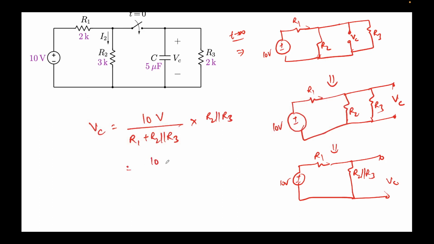So this will be 10 volts. Let's evaluate R2 parallel R3. So this will be 3k times 2k over 3k plus 2k, so that's 5k. So 6 by 5, that's 1.2k. Okay, so this is 1.2k divided by R1, which is 2k, so 2k plus 1.2k.